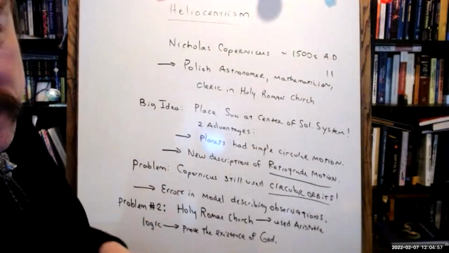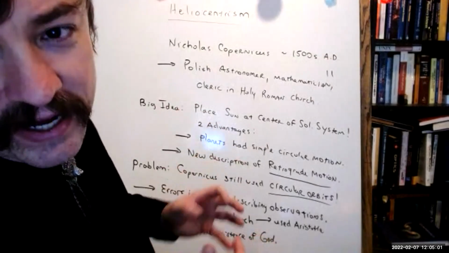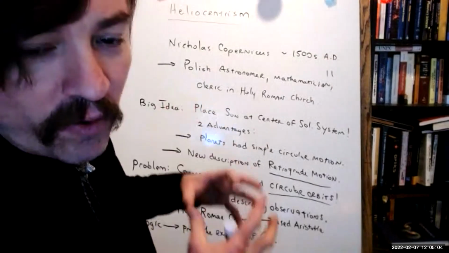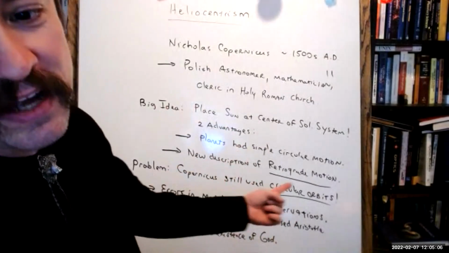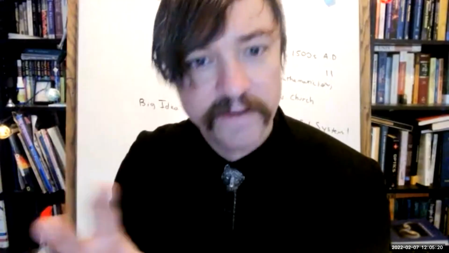After Nicholas Copernicus did this, other scientists came along who were impressed by this idea, and they began to take more careful observations to see if they could discriminate which of the two models was correct. And this is going to usher us into the era of modern science, where you have competing hypotheses of a problem in nature.